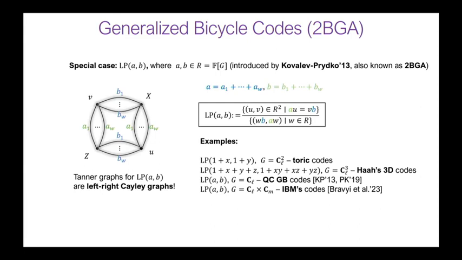And also, we can obtain generalized quasi-cyclic generalized bicycle codes that we studied in our paper in 2019 in Quantum. And what is also interesting, you also obtain, as a special case of this construction, the very recent breakthrough result by the IBM team that showed that these codes are very promising for future fault-tolerant computers.